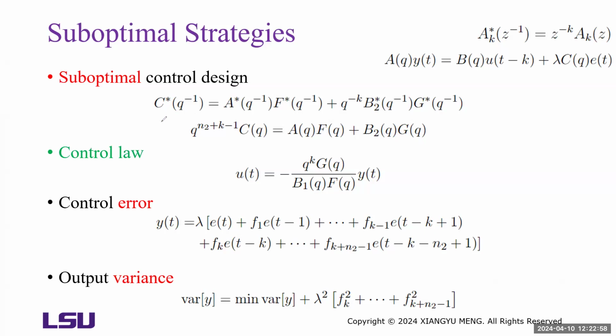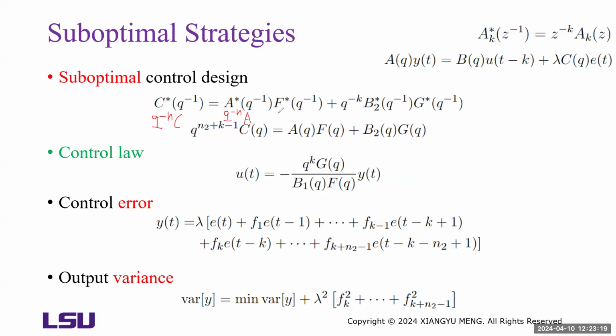Therefore we have Q to the power of negative n times C. A is a polynomial of order n, so we have Q to the negative n times A.